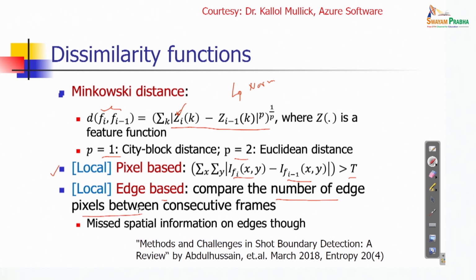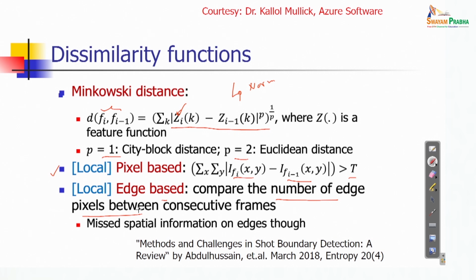We are expecting that these edges are actually describing some objects within the video. Since the objects are not changing that much in a particular shot, the number of edge pixels in the frames would remain more or less in a similar range.